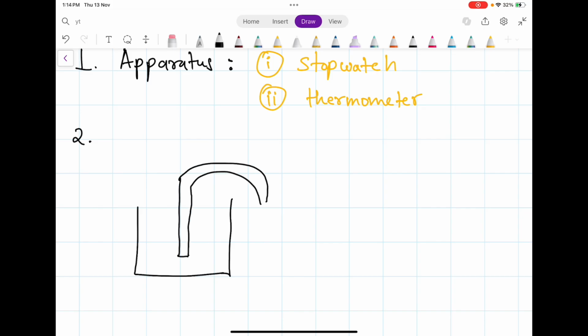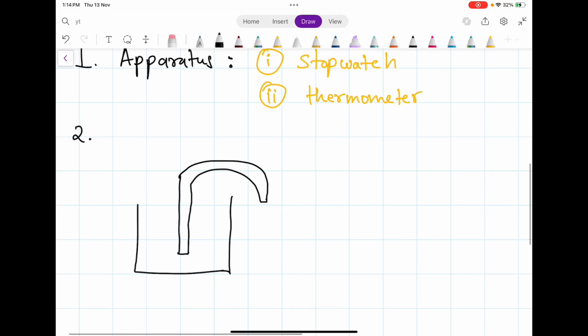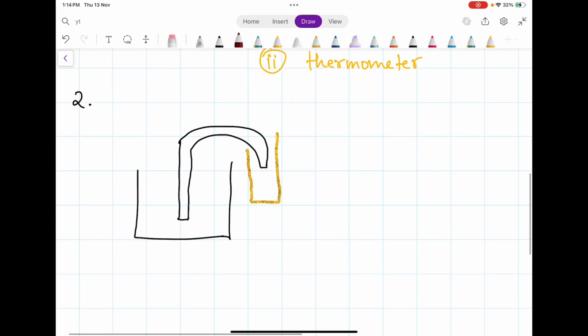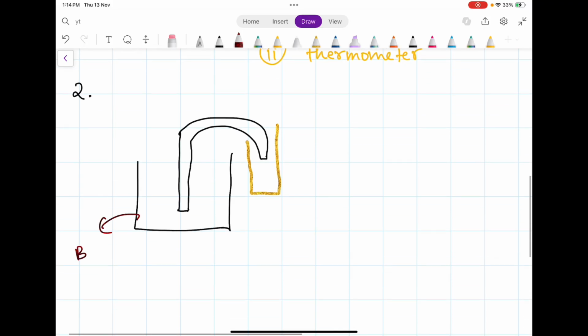This is the metal rod which we will change for different metals, and another test tube we can take. This is the beaker, this is the test tube.